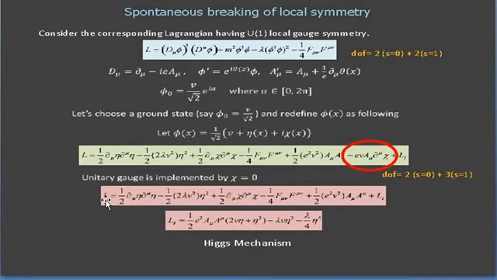So by spontaneous symmetry breaking, the Goldstone mode is replaced by the mass term, and this is known as the Higgs mechanism. By the Higgs mechanism, we see that we can give mass to the particle. So is it the only way to give mass to the particle, or is it not?